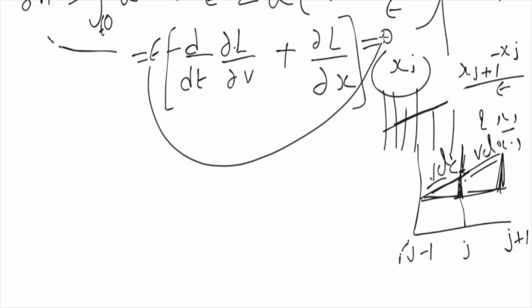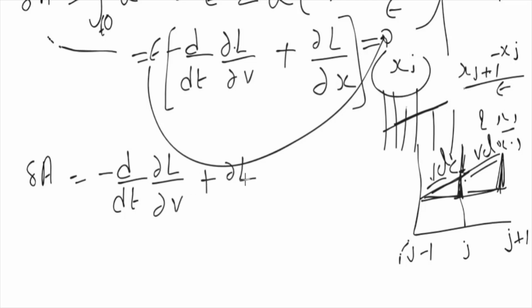Then delta A is equal to minus d by dt of del L upon del v plus del L upon del x is equal to 0. So what we do is differentiate the Lagrangian and put it equal to 0. That makes the action stationary. So this is the general form of the Lagrangian equation, or we can say the Euler-Lagrange equation.